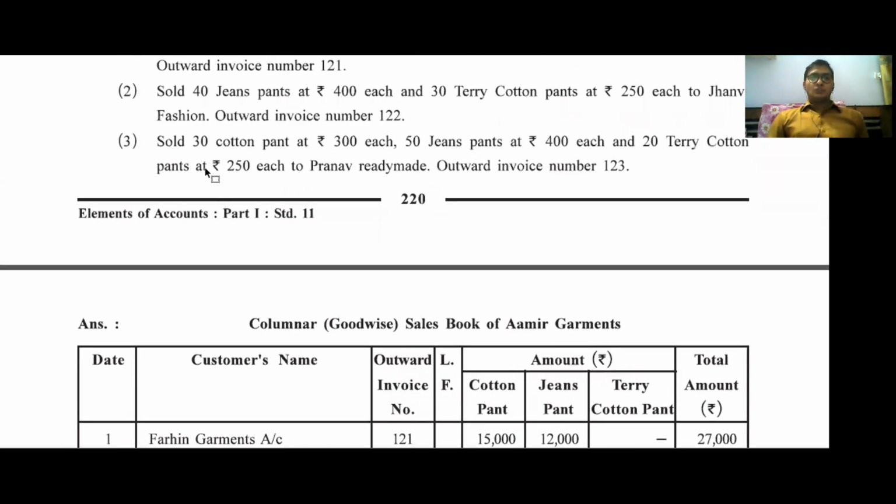Here there is no information for cotton pant, so it is nil. Third, sold 30 cotton pants at 300 each, 50 jeans pants at 400 each, and 20 terry cotton pants at 250 each to Pranav Readymade.